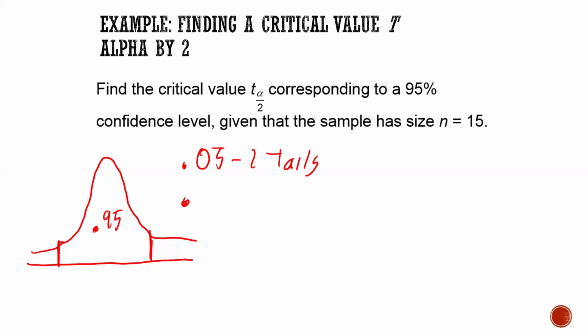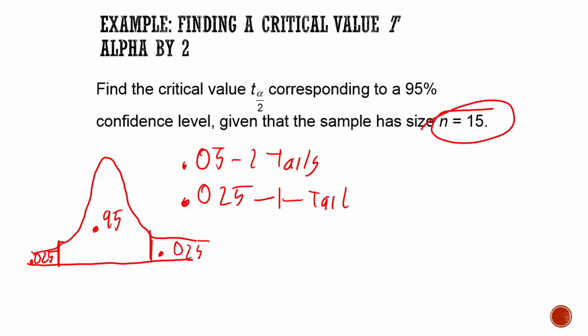What's the area in one tail? It would be half of this, so this is 0.025 and this is 0.025. And the other thing is we're told n is 15.